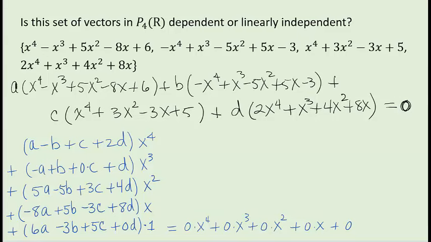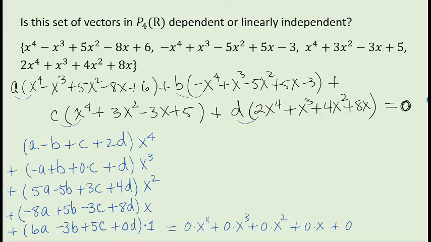I multiplied everything out and collected the coefficients on x to the 4th. Let's just look at that one. I have a times x to the 4th minus b times x to the 4th plus c times x to the 4th plus 2d times x to the 4th. And that's what I have collected here. I just factored out x to the 4th.